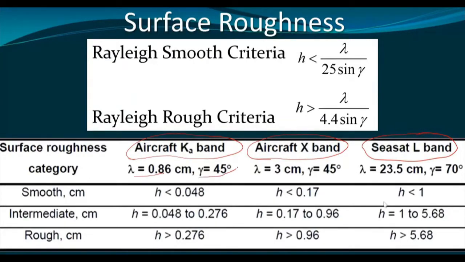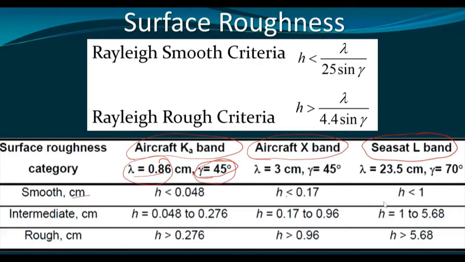And in centimeters, how do we define the smoothness? That means in this case, if the height variation is less than 0.048 centimeter, then this surface is smooth for this specific wavelength and for this specific incidence angle.